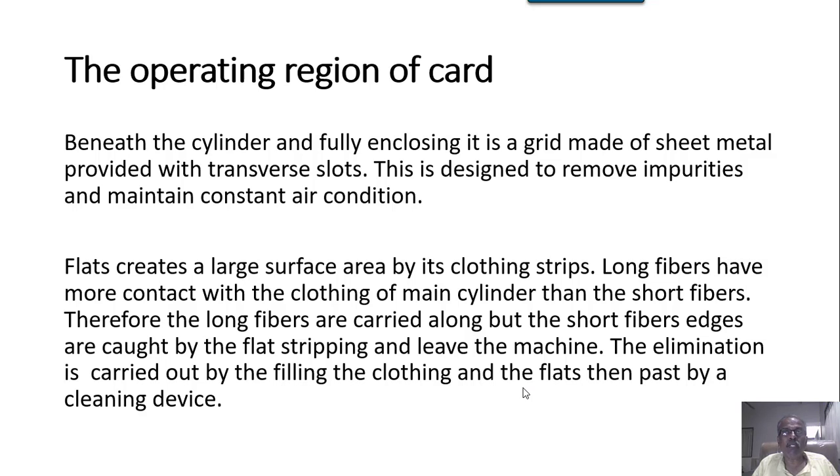As I have already stated in the previous session also, normally the waste collected at the flat zone, the flat strip waste, comprises short fibers and immature and dead fibers. This is the reason for that. This elimination is carried out by filling the clothing, and the flats are then passed by a cleaning device, a brush, etc. So this is the phenomenon that is discussed here.